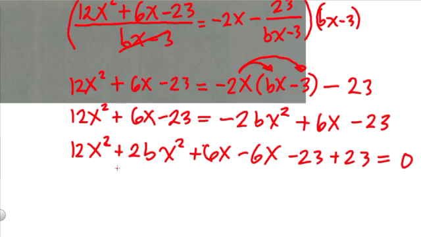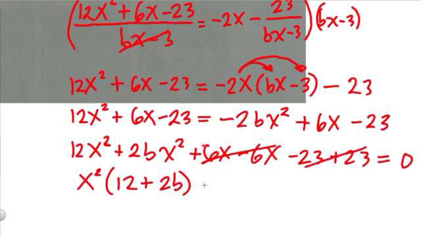Now let's simplify this by combining like terms. We have x squared and x squared, so let's factor that out: x squared times 12 plus 2b. Positive 6x and negative 6x is equal to 0, and negative 23 plus 23 is equal to 0 as well. So we are left with x squared times 12 plus 2b equal to 0.